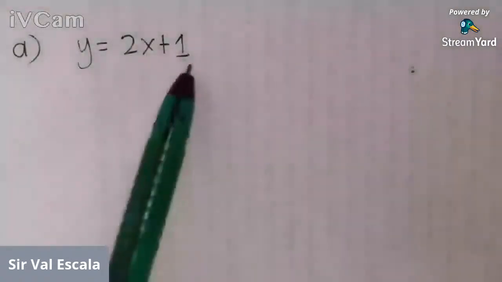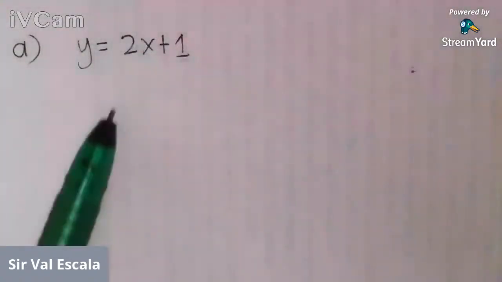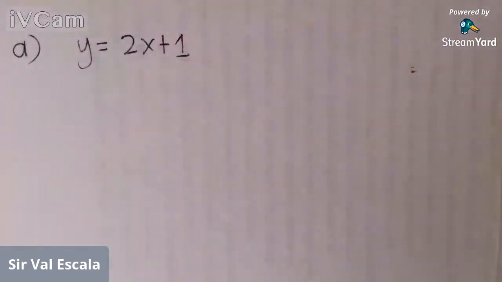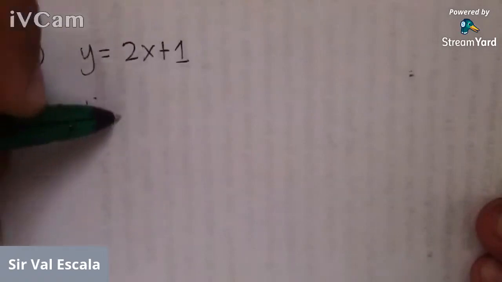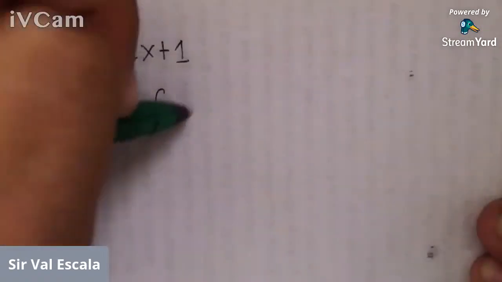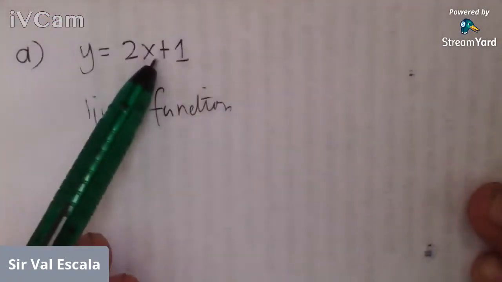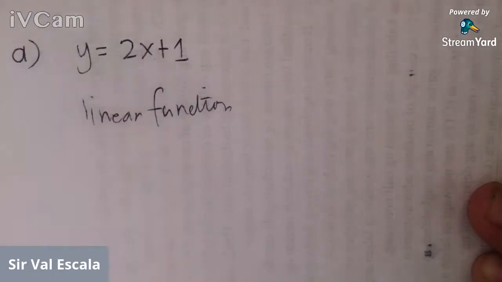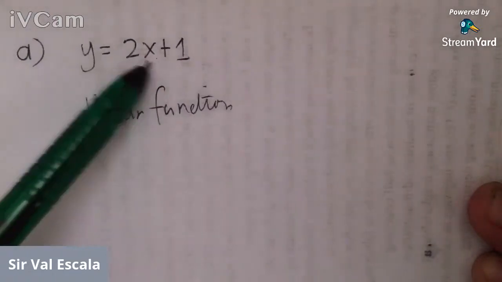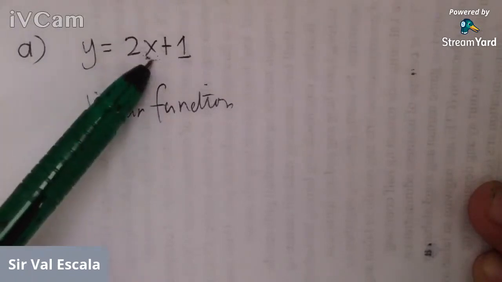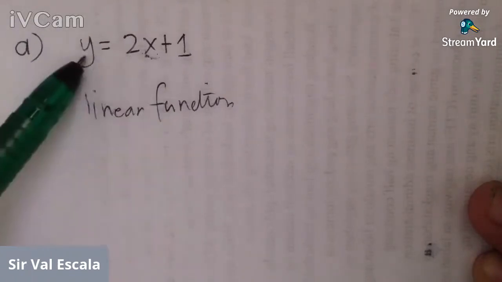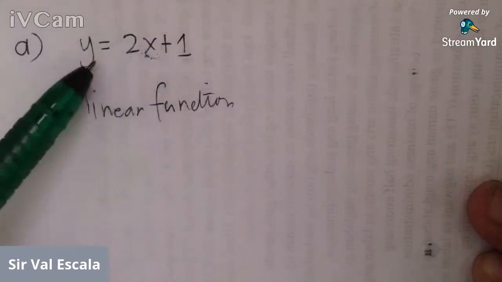So, anong kayang type of function itong si y equals 2x plus 1? Sa palagay nyo, it is a linear function. Kapag linear function, ang highest exponent natin ay 1 sa x natin. Sa x tayo lagi nagbabase, dun sa input variable natin which is x dito sa example natin.